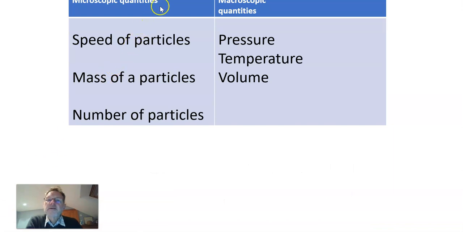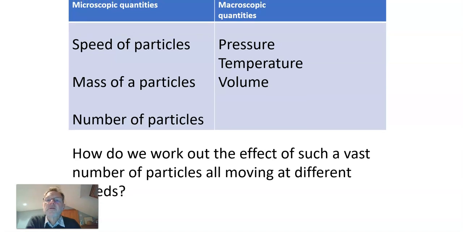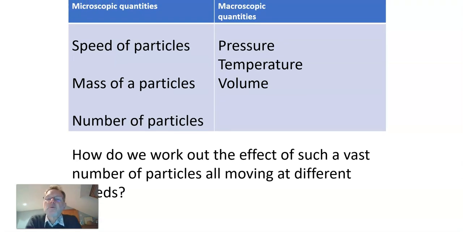We've got microscopic quantities and macroscopic quantities. So we're going to be looking at two scales. Kinetic theory very much looks on the left-hand side at the microscopic quantities.